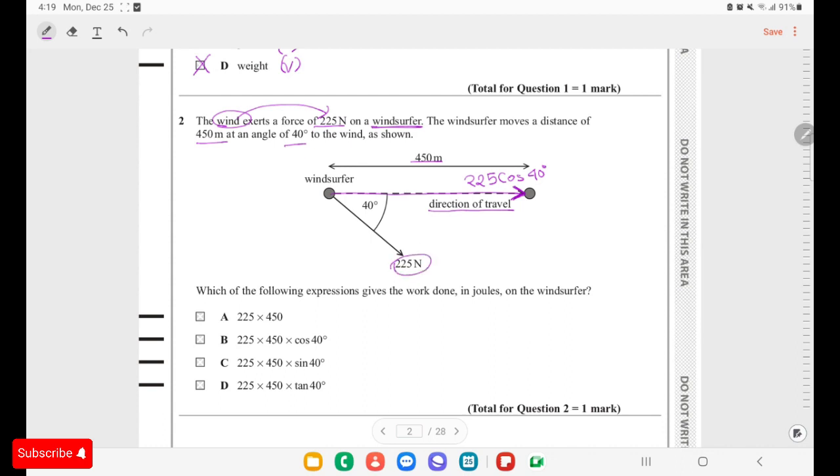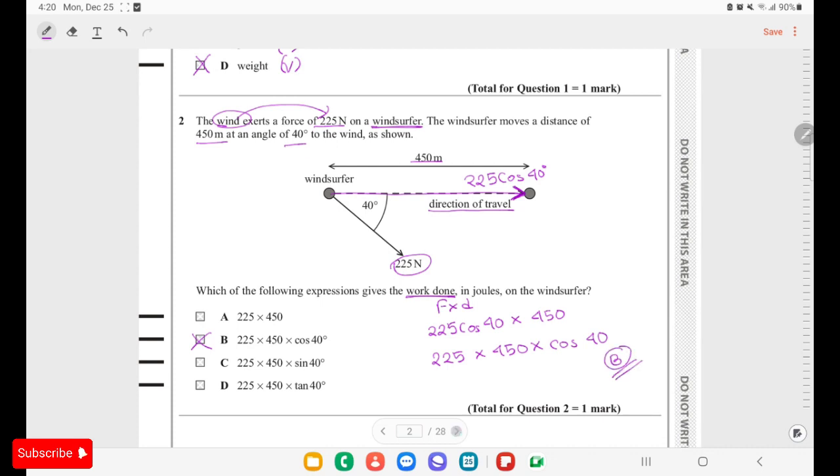Work done is force times distance. Force over here is 225 cos 40 multiplied by distance 450. If you rearrange it, 225 multiplied by 450 multiplied by cos 40, this is how the equation would look, right? Option B.